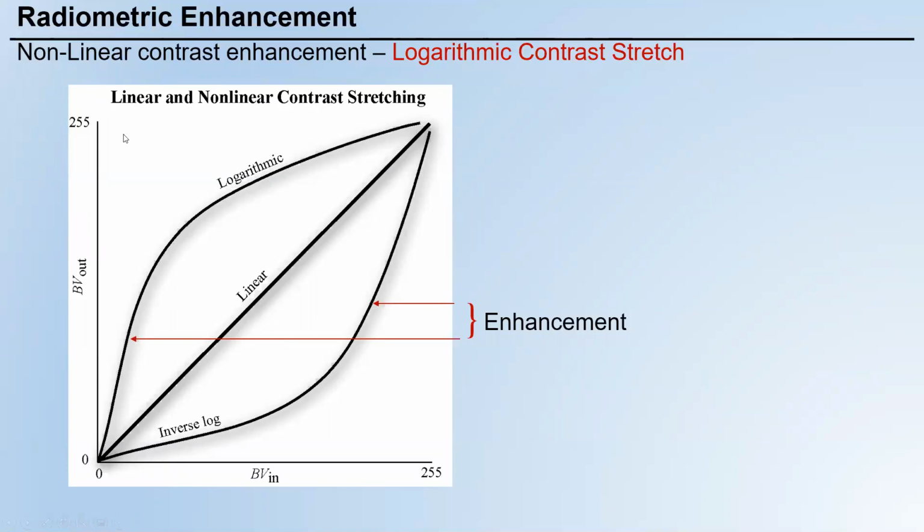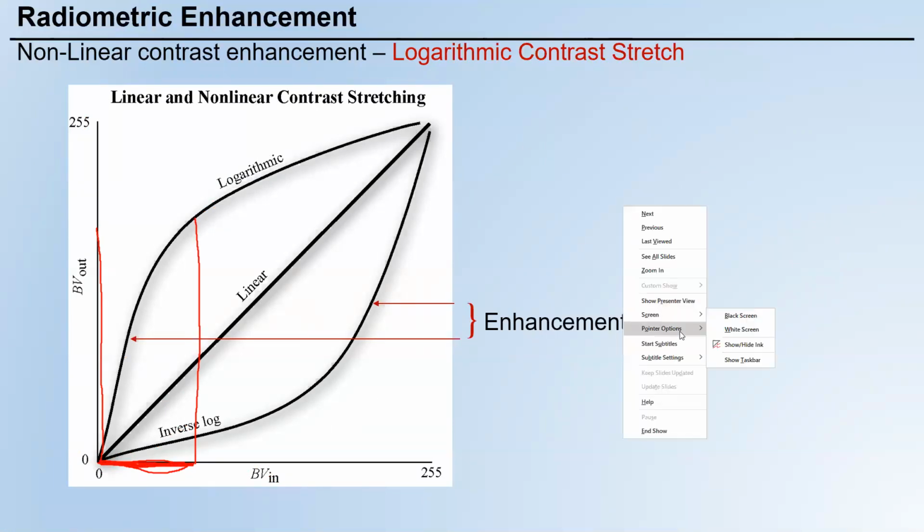For the first half of the logarithmic function, the image has been enhanced because, let me draw this in general, BV in is along the horizontal axis, BV out is for the output image, right? For the first half of logarithmic, this is the range. This part is the range for the input image, for the original image.